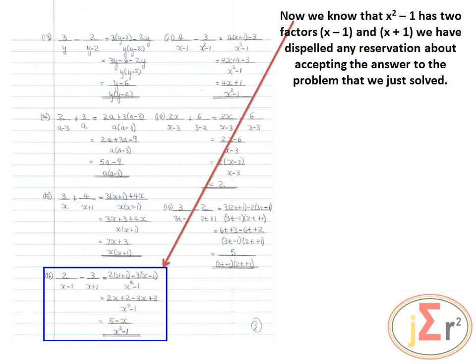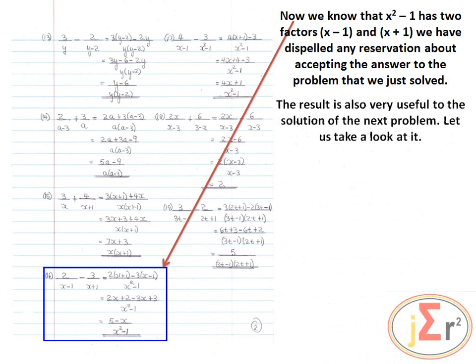But this x squared minus 1 having factors of x minus 1 and x plus 1 has great consequences when we move on to the solution of the other problem. The result is also very useful to the solution of the next problem. So let us take a look at it.